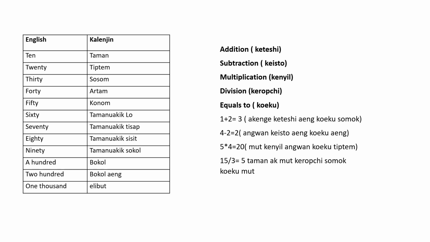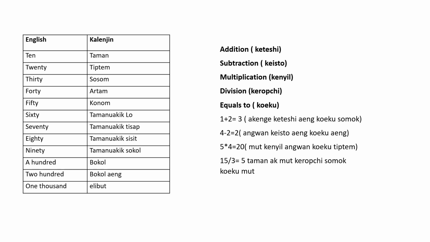So in this case, 666 will be pogol lo, tamanwagik lo ak lo. 888 is pogol sisit, tamanwagik sisit ak sisit. And then we have 999, which is pogol sogol, tamanwagik sogol ak sogol.